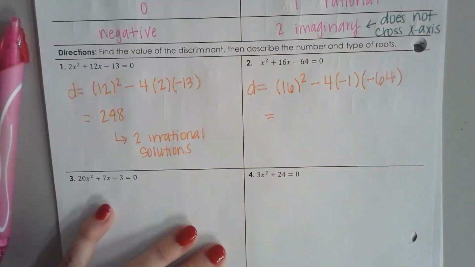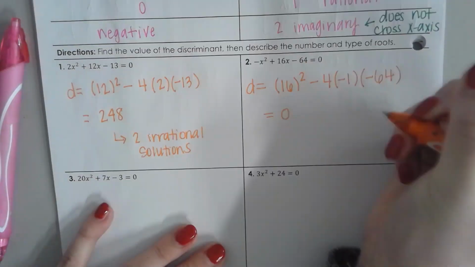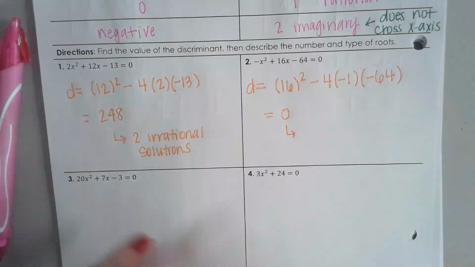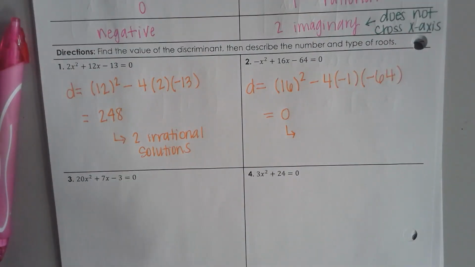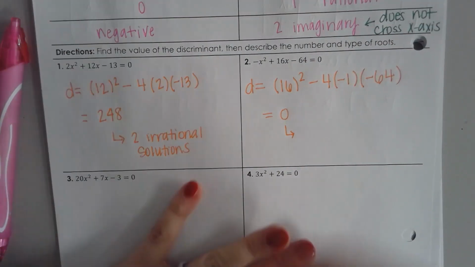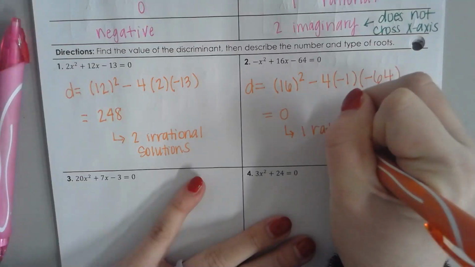And I got 0, which means I have what? One rational.